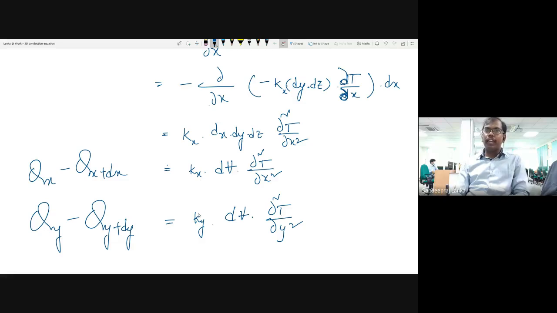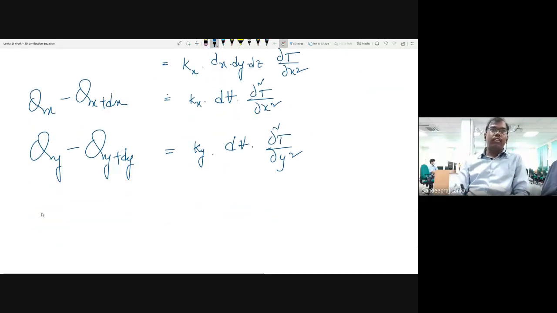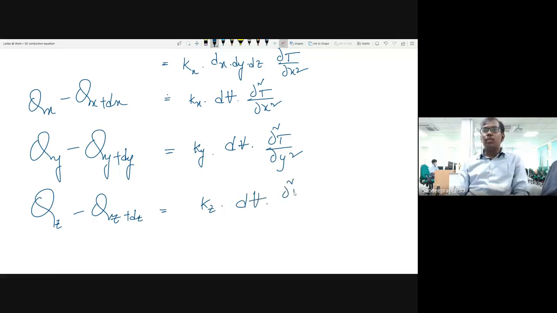In place of x, you got y. That's the only difference. You can do it for yourself again, but you will get the same thing. Similarly, qz minus qz plus dz will be equal to kz into dv into dou square t by dou z square. So this is what you have.